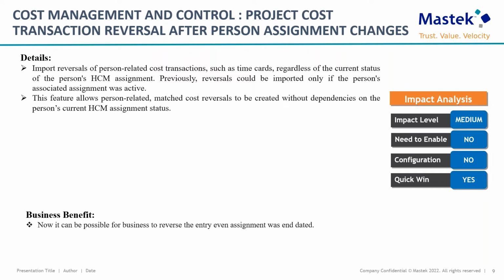But it was not possible because of the cumbersome process, and cost shows an unclear picture due to wrong bookings. But after this new feature, it is possible to reverse the cost even if the assignment is not active.